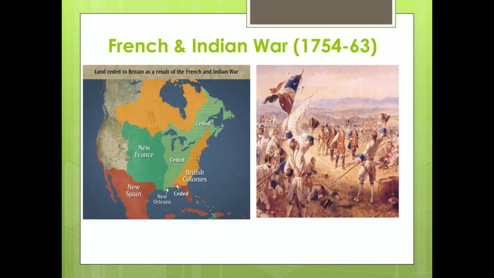And what that line's going to do, and it's really sort of right where the Appalachian Mountains are, is that it was going to forbid colonial settlement past the Appalachian Mountains. But because of the French and Indian War and the cost of it that Britain had to put into it to fight the French, this is going to cause Great Britain to enforce taxes, and they're going to end salutary neglect. And once they do that, that's pretty much what's going to start this idea towards revolution.